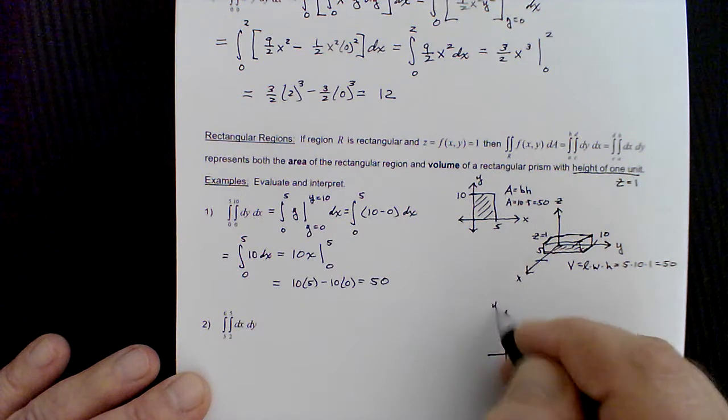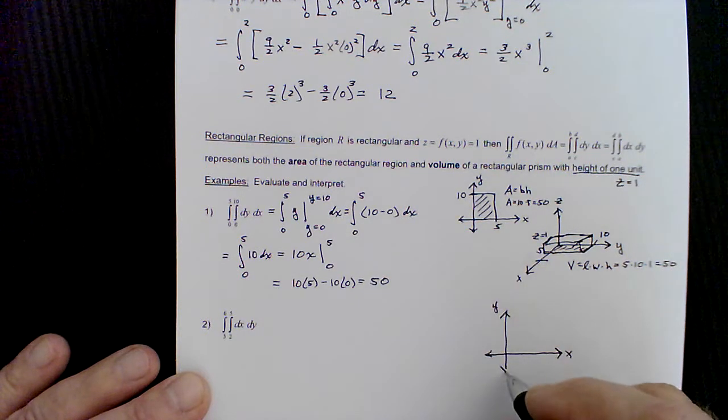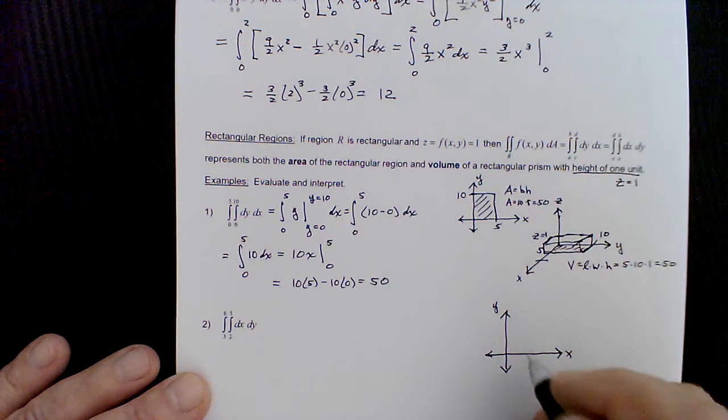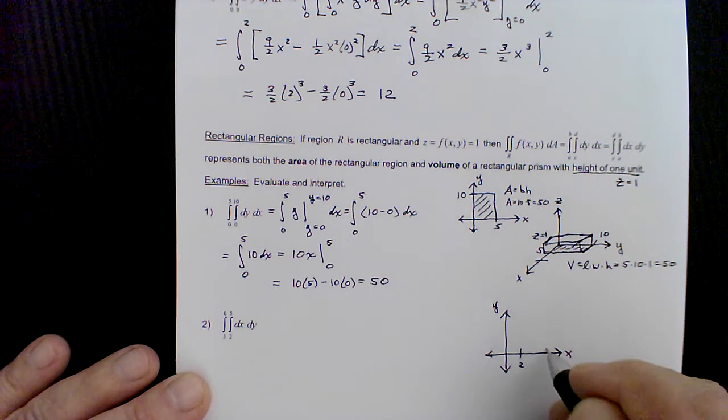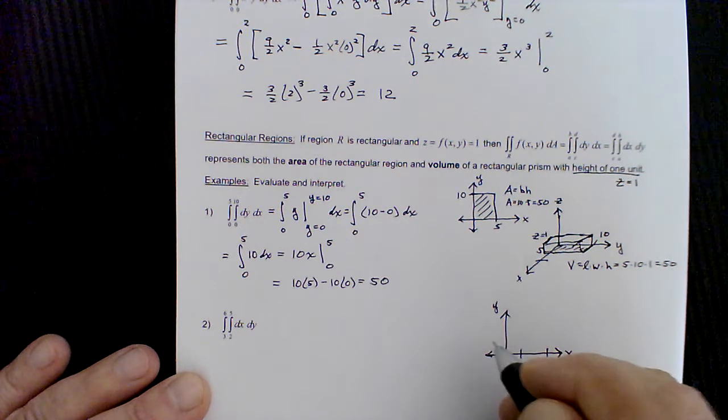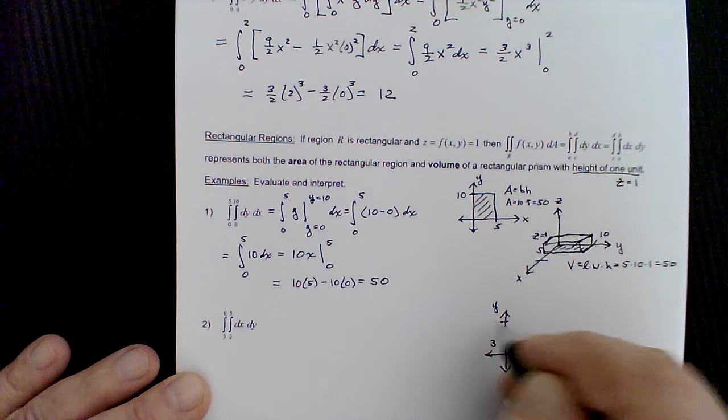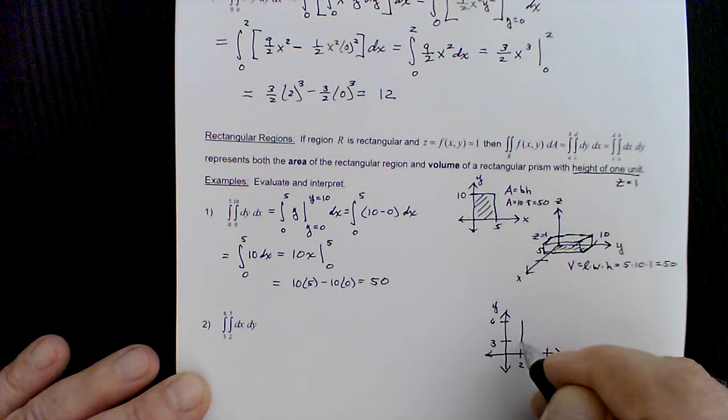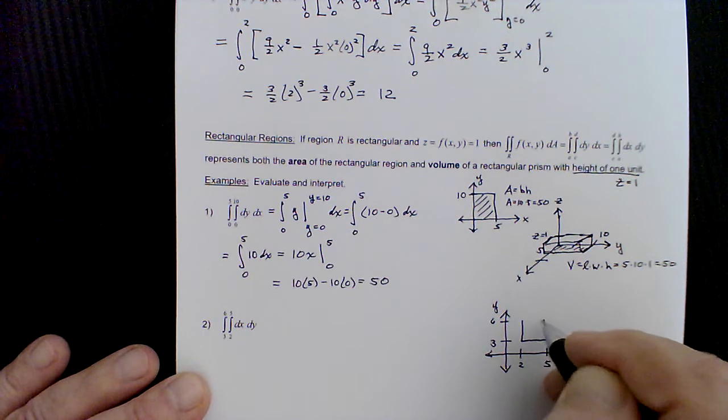But if you wanted to draw the rectangular region, which we often will be doing, now we're saying x is going from 2, say here, to 5, and y is going from 3, say here, to 6. So then we're talking about this rectangular region in here.